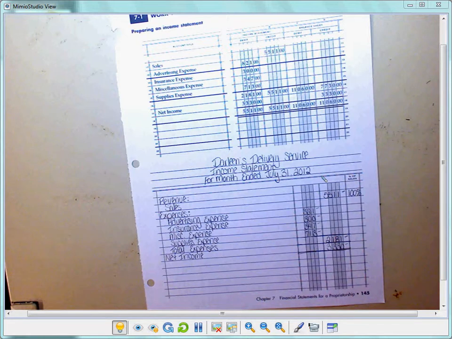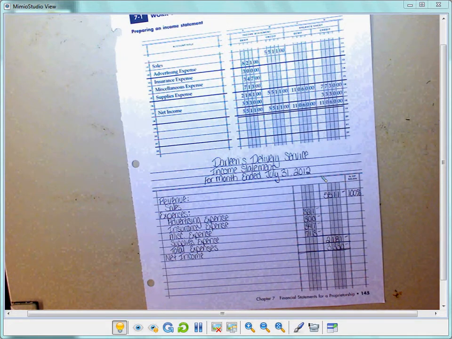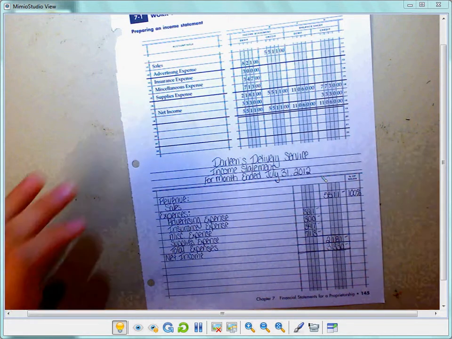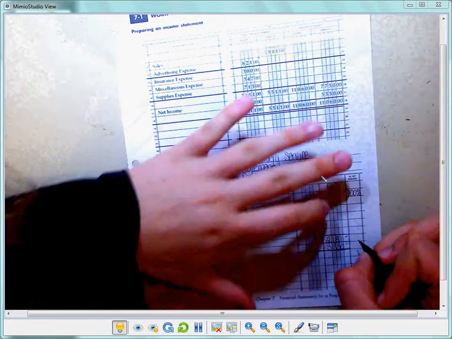Round to one place. Okay, so it'll be 39.6. So 39.6 for our total expenses percentage.